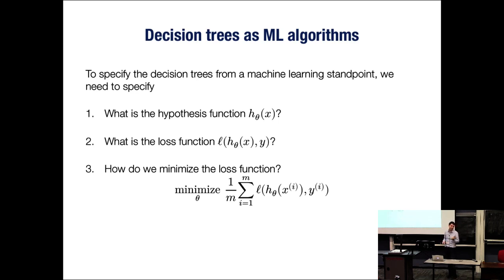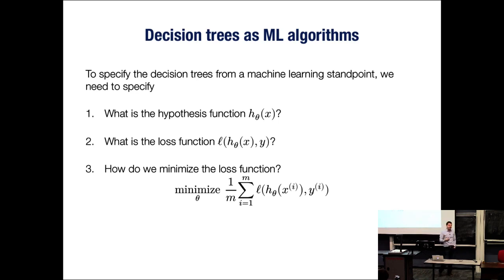That's the hypothesis class, is axis-aligned partitionings. But we're going to talk about them as specifying a hypothesis function, a loss function, right? So how do we measure how good a tree is? And then finally, how do we actually minimize this loss function? Where here, theta is going to refer to the parameters of the function, but it's kind of going to capture all the descriptors of the tree itself, which I'll mention in a second.